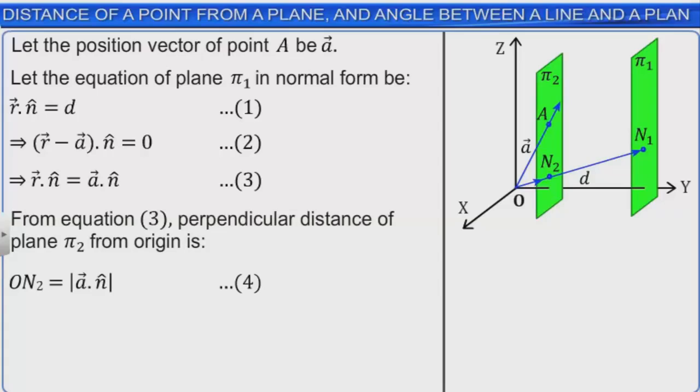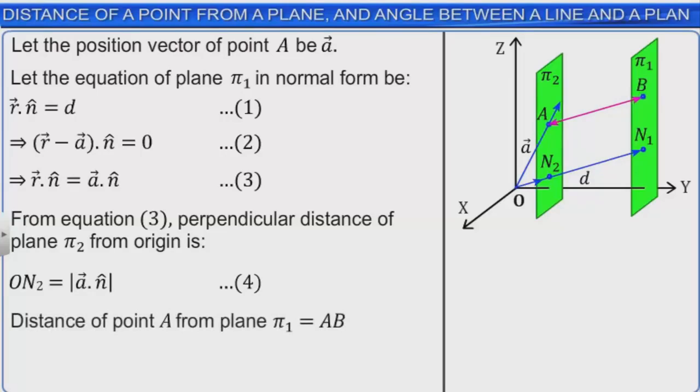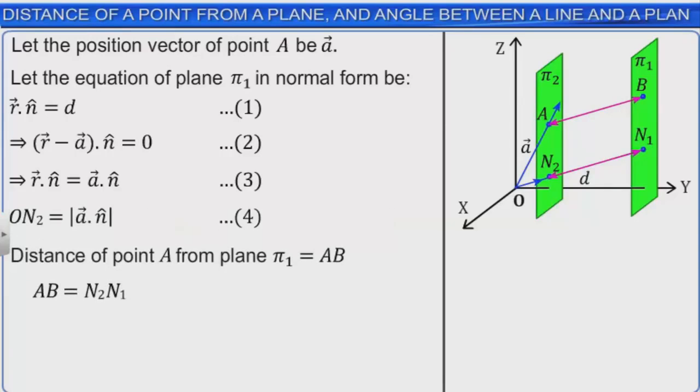Let us draw a perpendicular from point A meeting plane pi1 at point B. The distance of point A from plane pi1 is equal to distance AB. Since the planes are parallel, all perpendiculars between them will have the same length. Thus, distance AB is equal to distance N2N1. Distance N2N1 is equal to distance ON1 minus distance ON2.